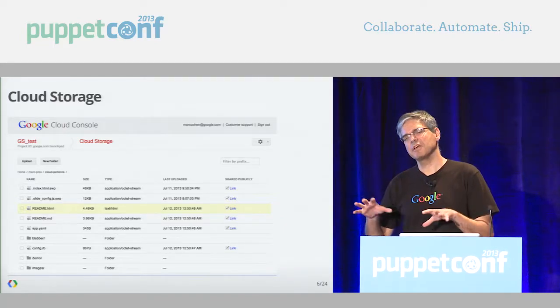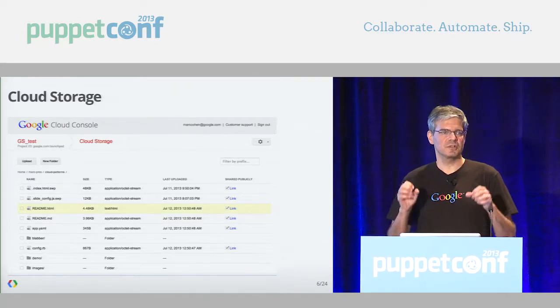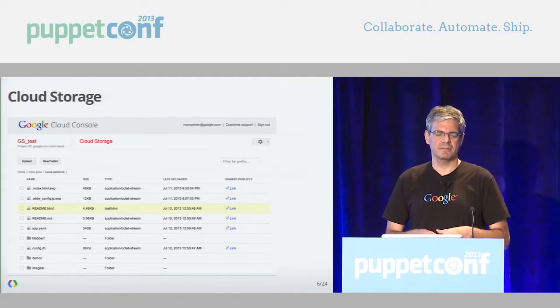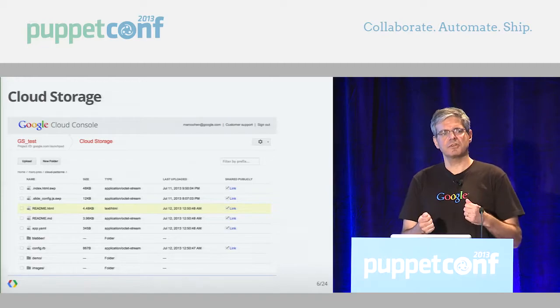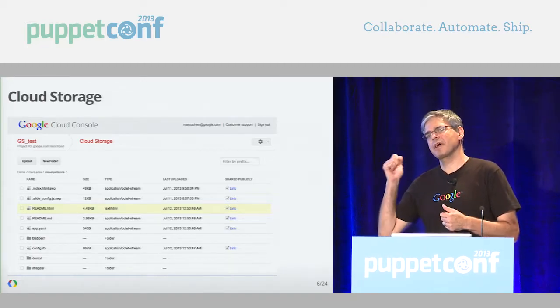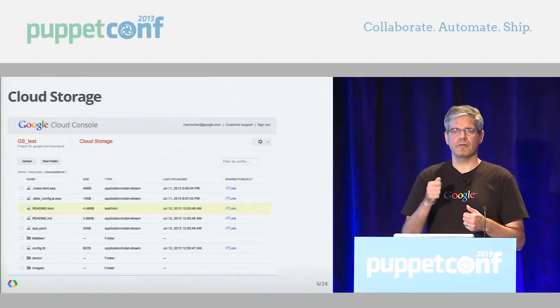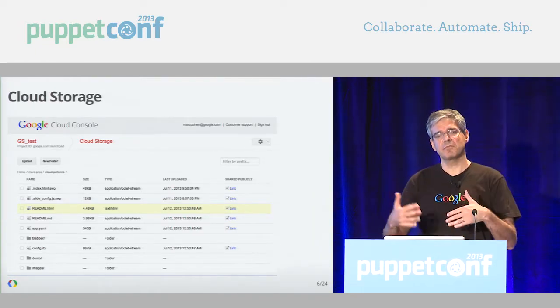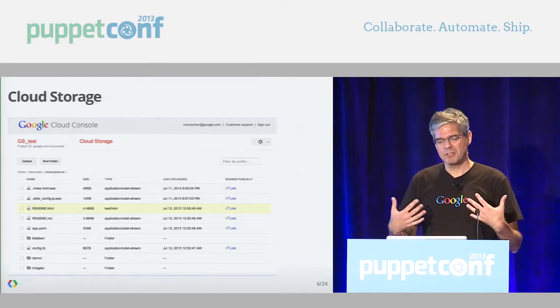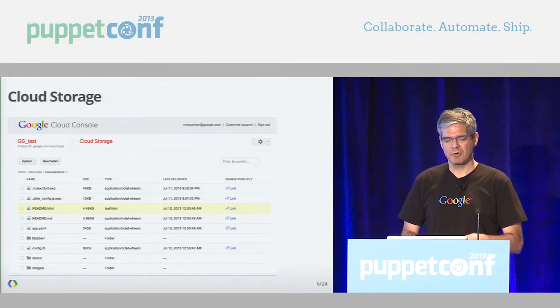We have read-after-write consistency, which means you can upload a blob into this cloud storage facility, and as soon as you get the 200 OK from that upload, you can turn around and read that blob either from that same endpoint or from anywhere in the world, and you're guaranteed to see the bits you just wrote. So a lot of engineering work went into making that happen. We're very proud of it.